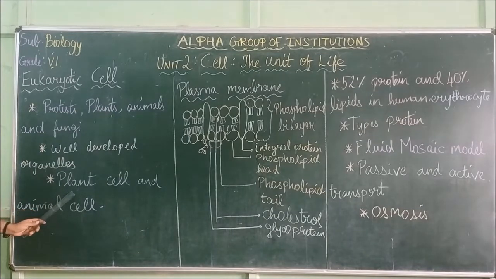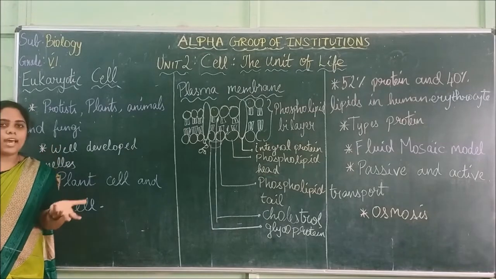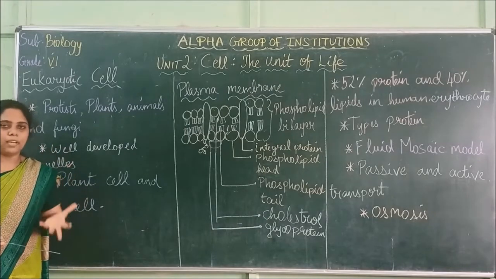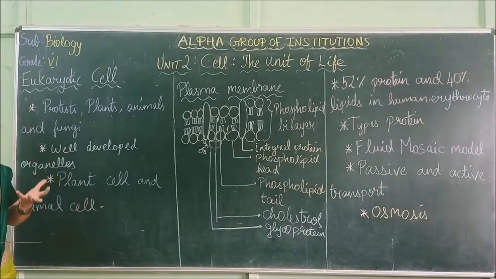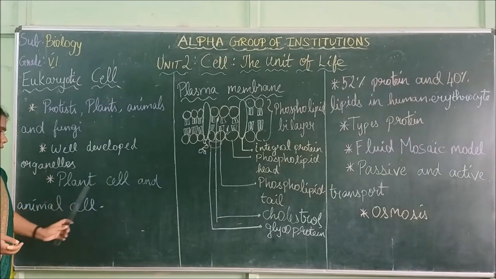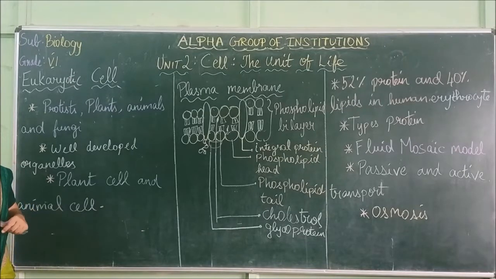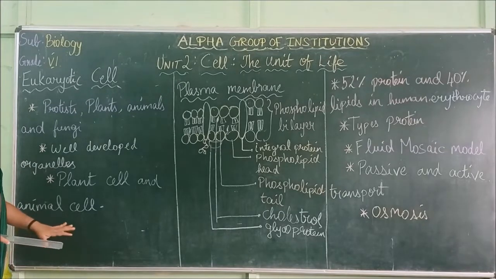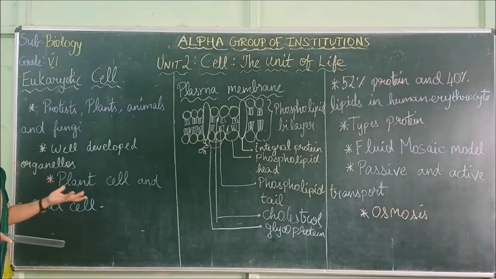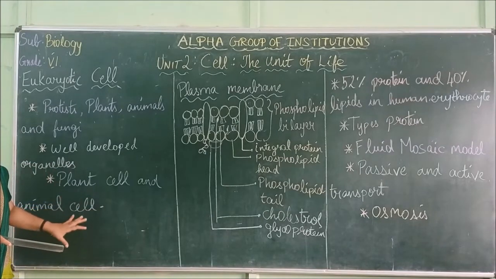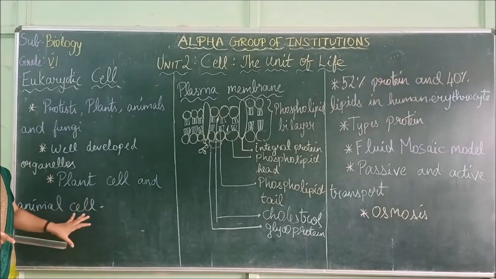Now let me tell you about plant cells. In plant cells, there will be huge, large vacuoles, the empty spaces, and a covering called the cell wall will be present. So this is about the plant cell. In the animal cell, the vacuoles won't be as large as in the plant cell, and the cell wall will not be present.